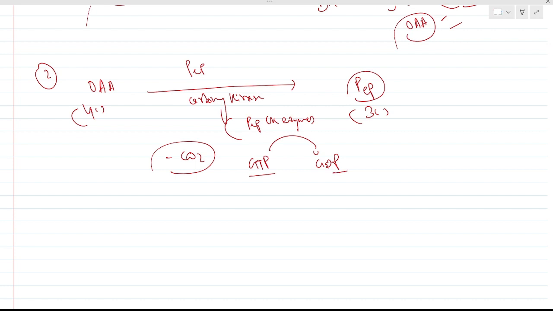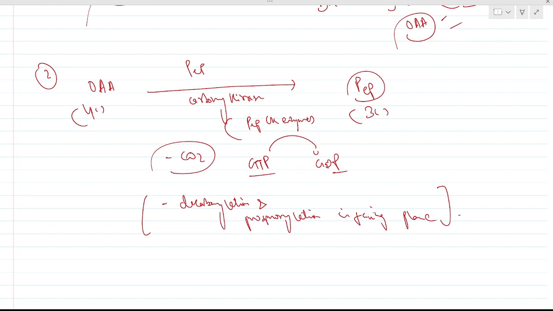Both decarboxylation and phosphorylation take place in this single step. So oxaloacetate is converted to PEP. Another important enzyme, PEPCK, PEP carboxykinase, removes CO2.